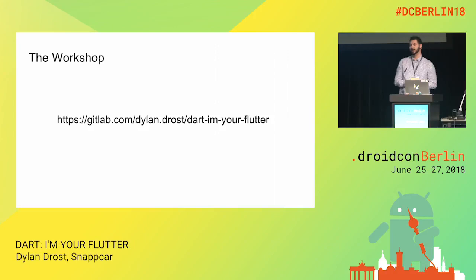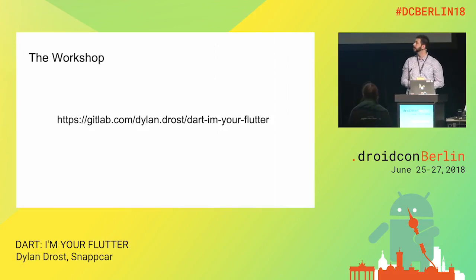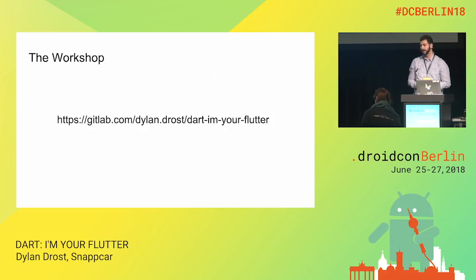Well, let's start with the workshop. I've put the code on GitLab. You can get it from this repository. There's also a link to the slides in it, where you can get the API key. So I'll leave that up for a little bit.